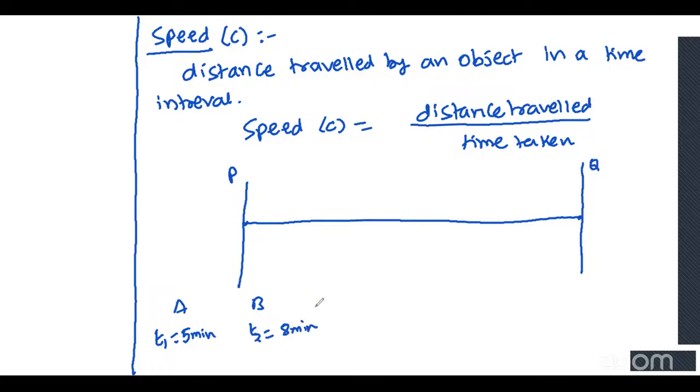Then whose speed is more? The person whose time taken is less has more speed. So the speed of A is greater than the speed of B. Write this one.